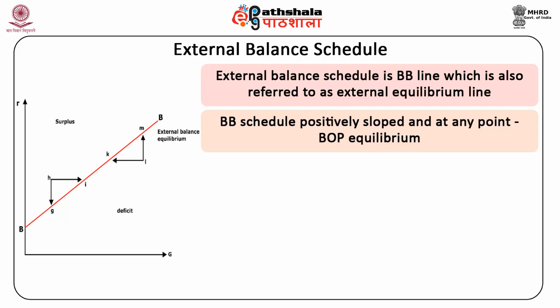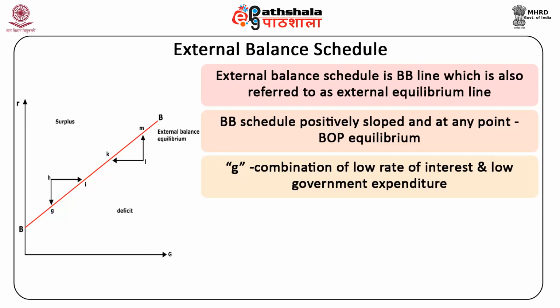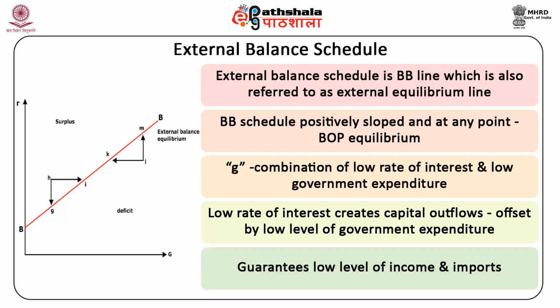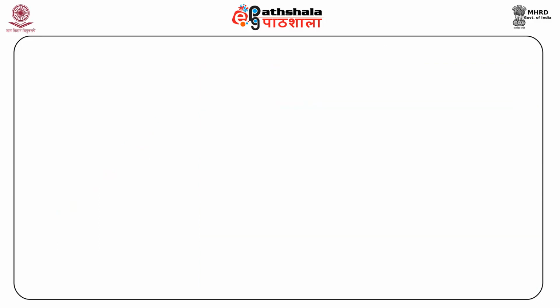At any point such as G on the BB schedule, there is a combination of low rate of interest and low government expenditure. Low rate of interest creates capital outflows, which must be offset by a low level of government expenditure, which in turn guarantees low level of income and imports.